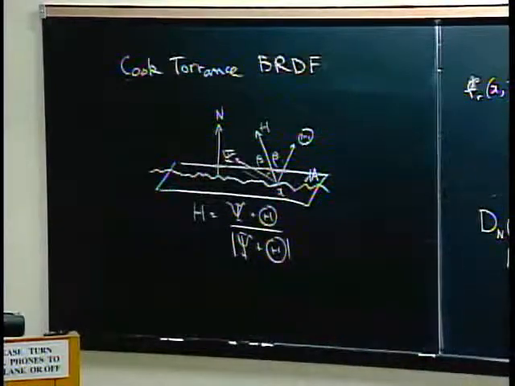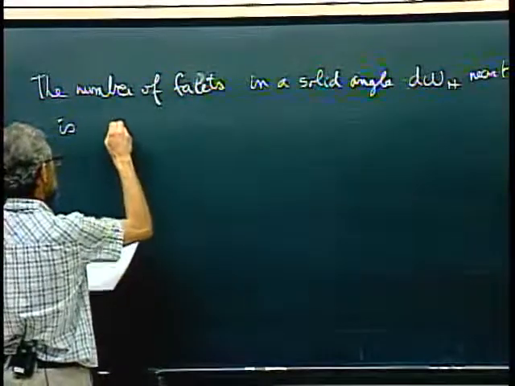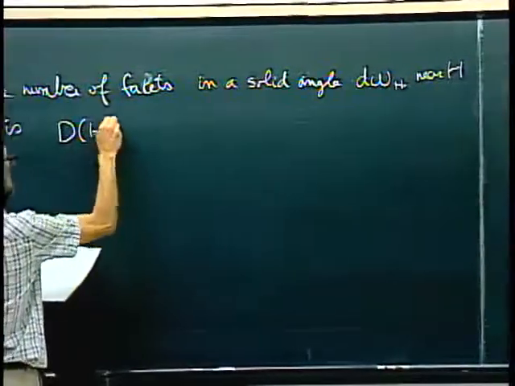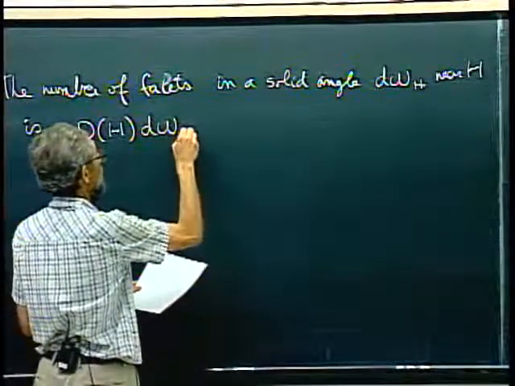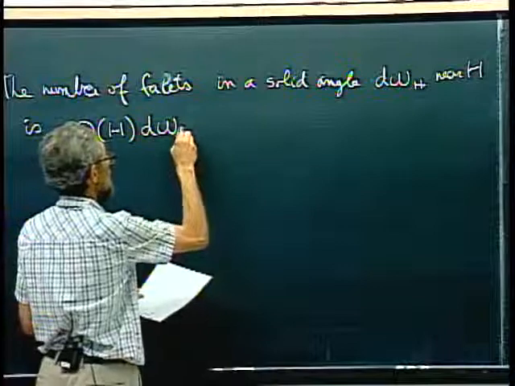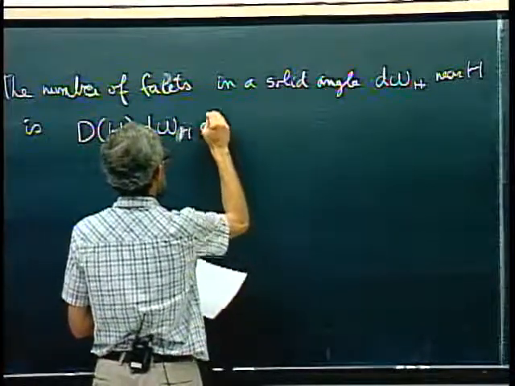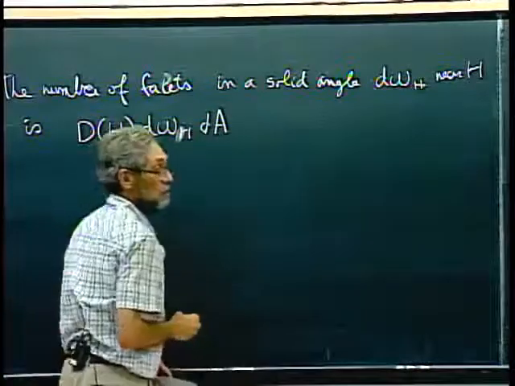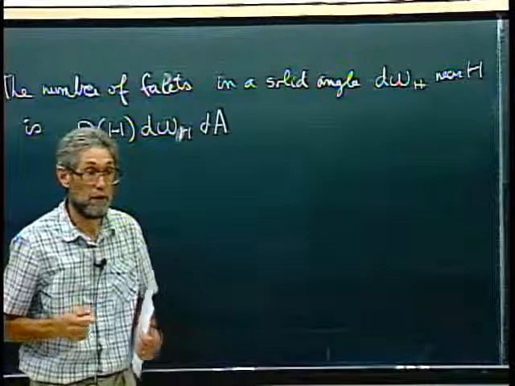So that means what we have to do to get the actual number of facets is to take that density and multiply it by the solid angle d omega h, and multiply it by the area dA of the piece of the surface we're talking about.